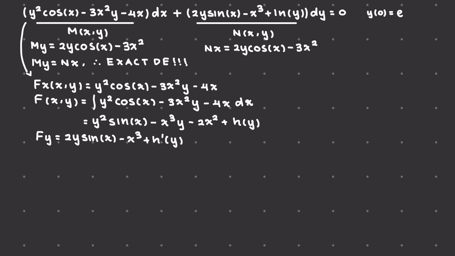And afterwards, we're going to set it equal to the partial derivative of f with respect to y here as well, which becomes 2y sine of x minus x cubed plus h'(y) equals 2y sine of x minus x cubed plus ln y.